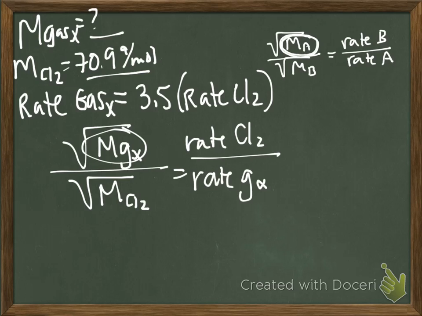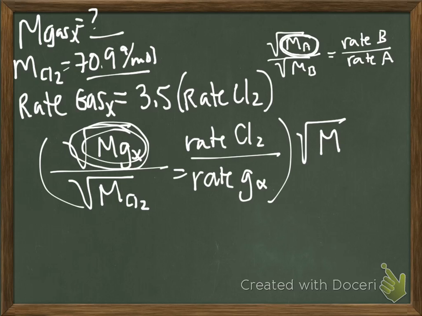There are two ways to solve for this. You can either isolate this first, or you can get rid of the radicals first. I prefer to isolate the square root of the mass of gas X first, so I'm going to multiply everything by the square root of the mass of chlorine.